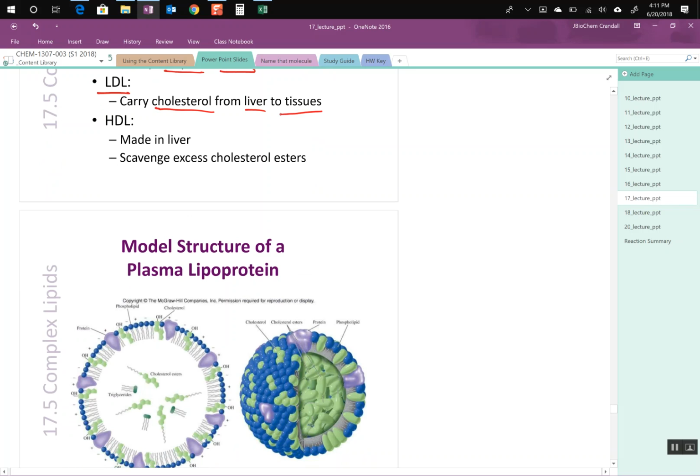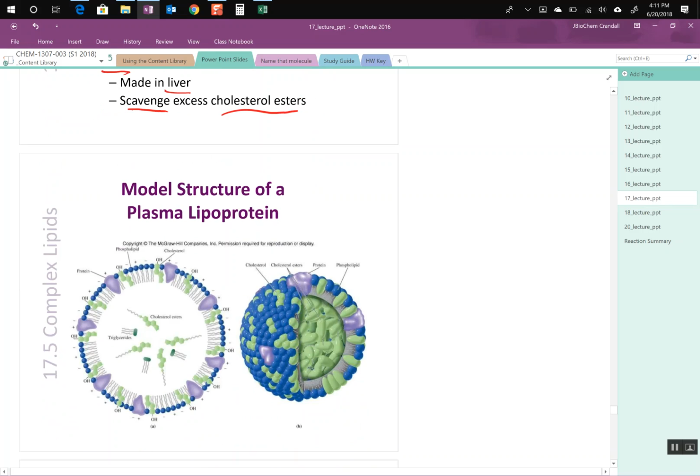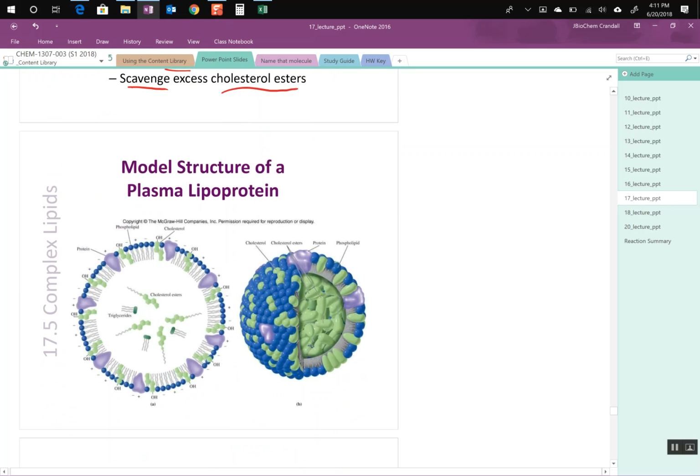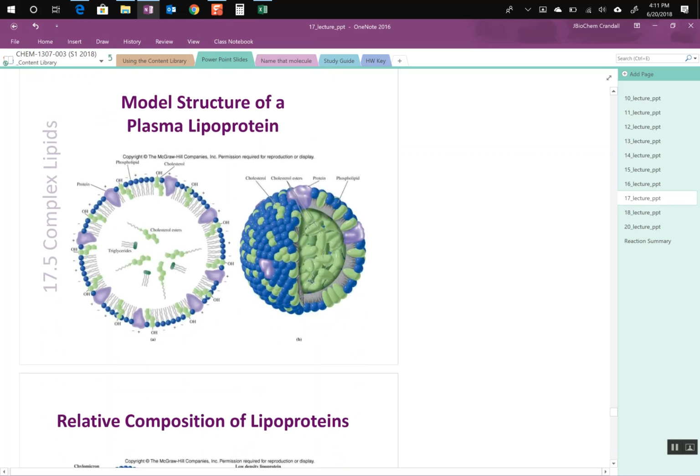Remember that cholesterol was one of those steroid molecules that we can carry. High density lipoproteins are also made in the liver, and they scavenge excess cholesterol from the blood. So we'll look at those more closely next class, the complexes of those.